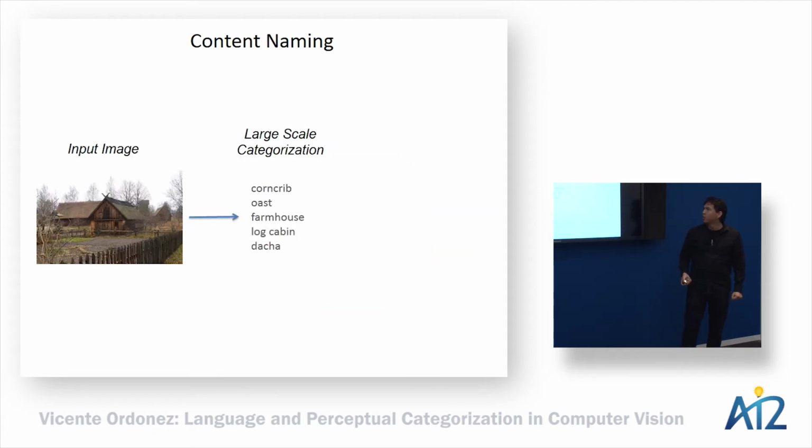Here is one example of what we want to do. We have an input image, and we have a large-scale categorization system, maybe using neural networks, that produces these words: corn crib, oast, farmhouse, log cabin, or dacha. And these are all more or less correct words if you have a very extensive vocabulary.